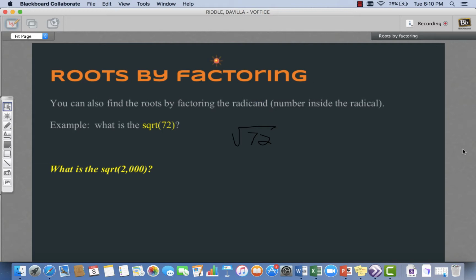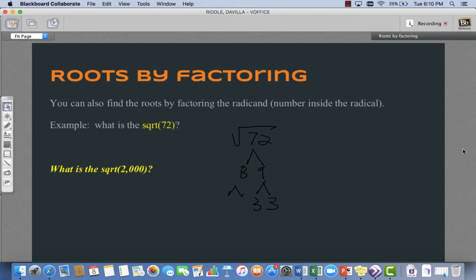So if you want to find the square root of 72, you can factor out this radicand here, find the smallest numbers possible, and see what you can work out from there. So 72 is another way of saying 8 times 9. And then you can factor it out even further to see what kind of pairs they are.